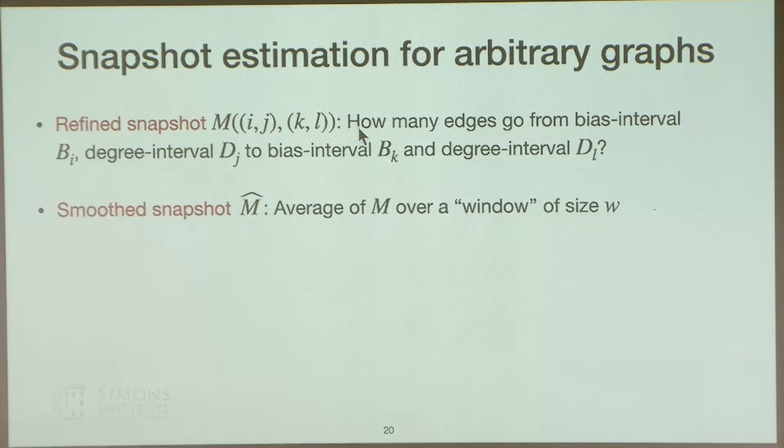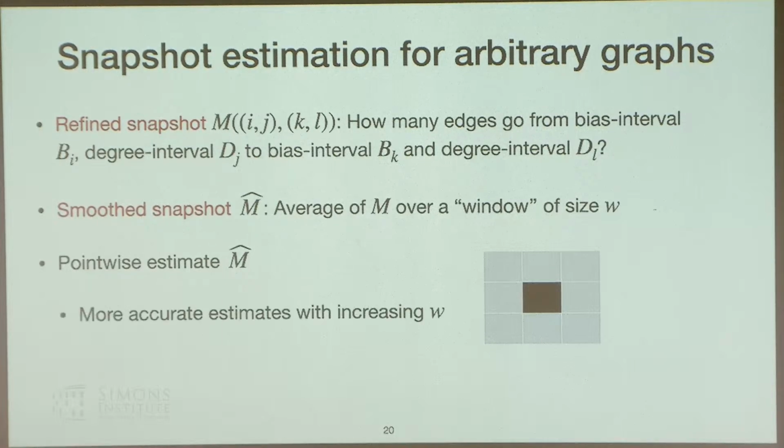Instead, we compute something called a smooth snapshot, where we try to compute the average of this snapshot over a window of size W. This gives you a window of error, where if you misclassify your bias or the degree interval within some window, you're still fine, because you're only trying to compute the average over a particular window size.